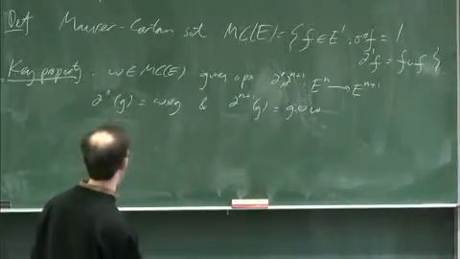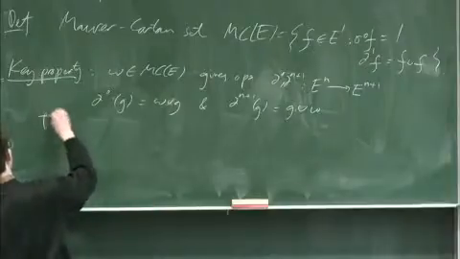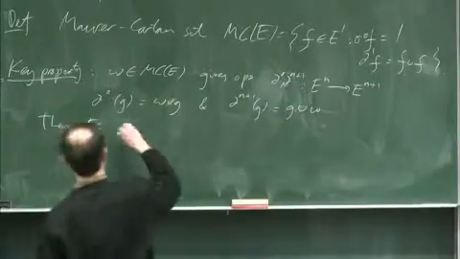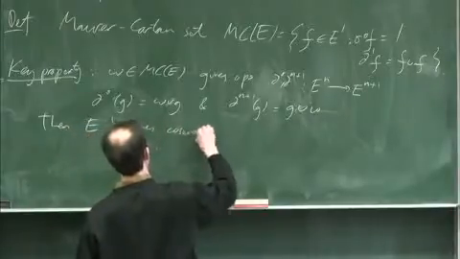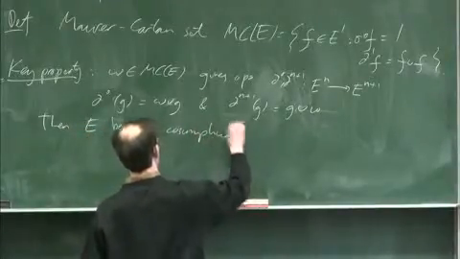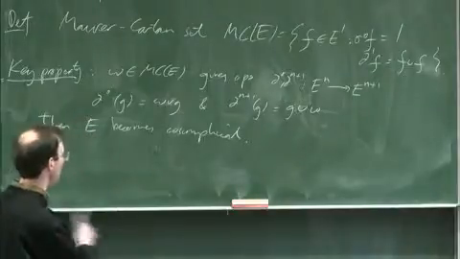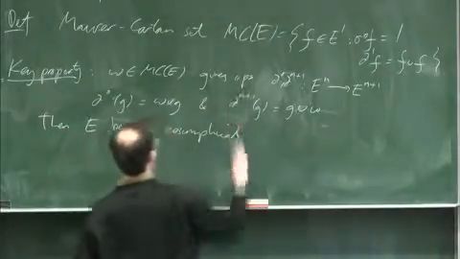And then E becomes co-simplicial. And the condition for this is precisely that it lies in the Maurer-Cartan set.